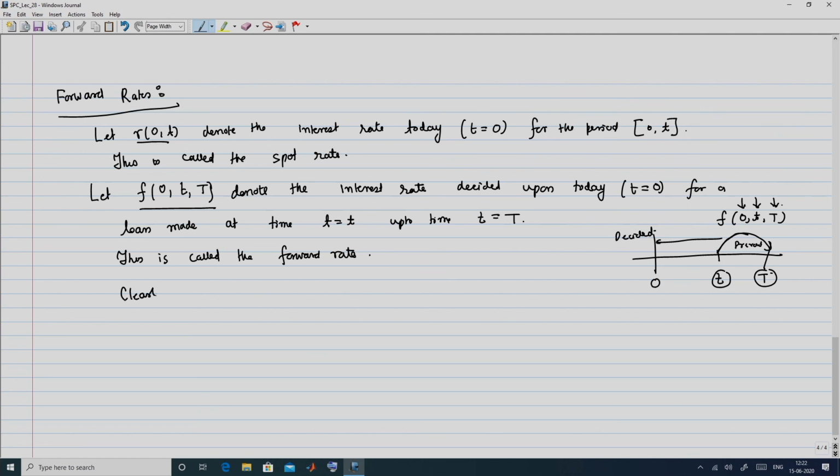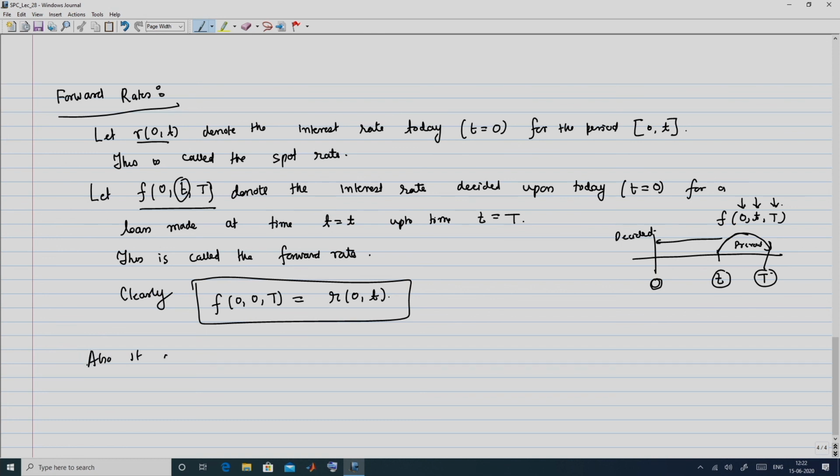So, clearly if I take small t equal to 0, then F(0,0,T) is nothing but the interest rate decided at 0 for commencing at 0. So, this is nothing but R(0,T), which is the spot rate. Also, it can be shown that the spot rate between 0 and capital T is R(0,T).